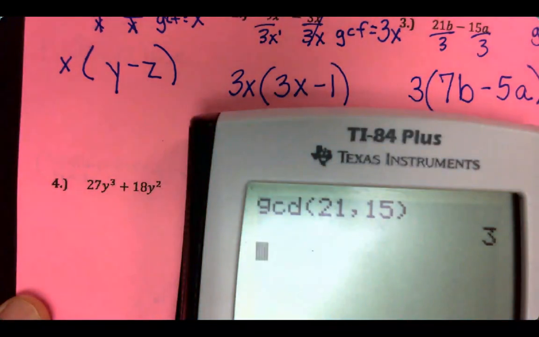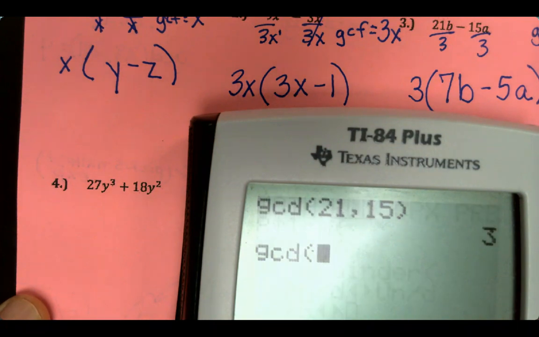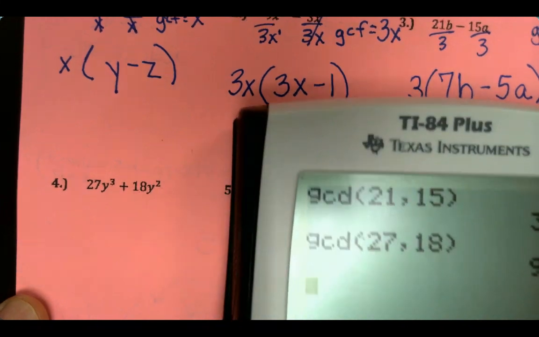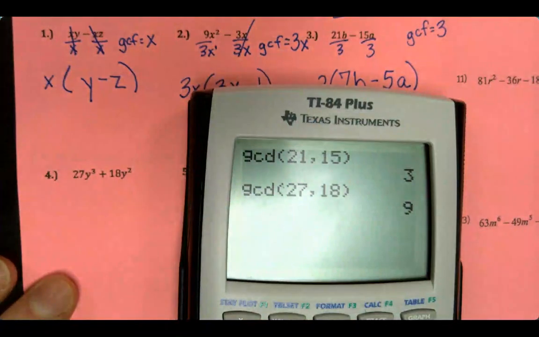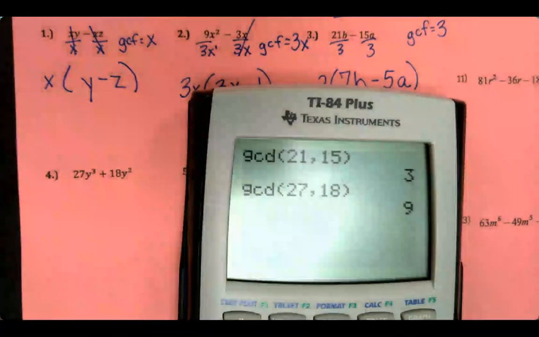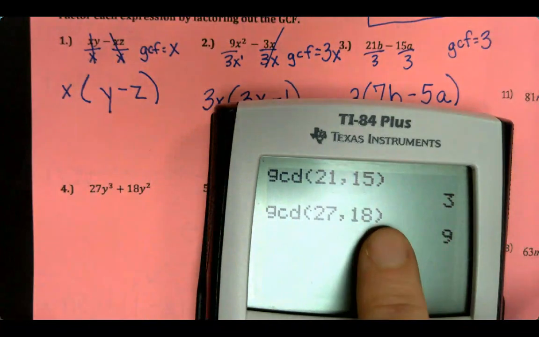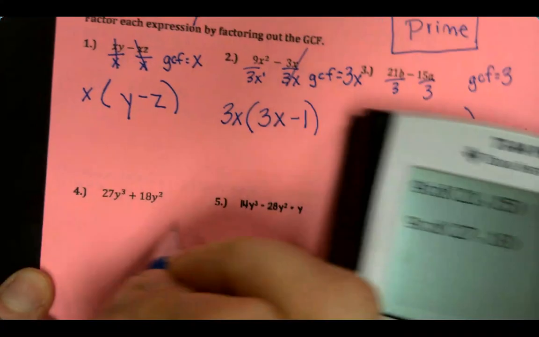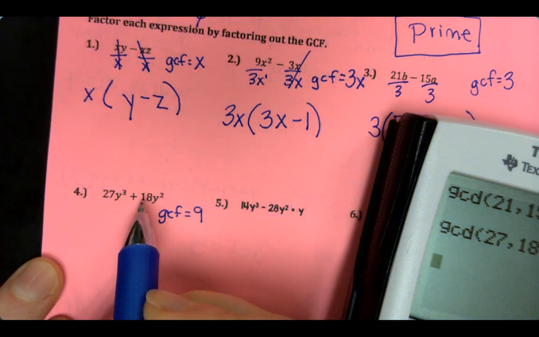So you need to do your GCF or GCD. 9 is the value that divides all of them equally. So we also need to look at our variable. The GCF is 9, and then y cubed and y squared.